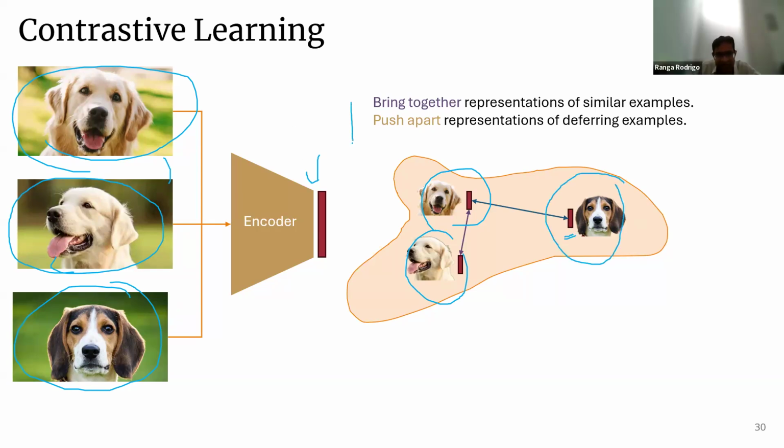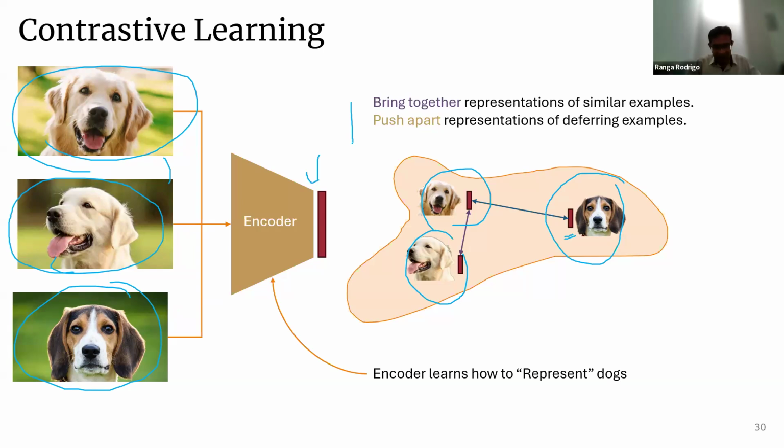So bring together the representations of similar examples, push apart the representations of differing examples. This is called contrastive learning. This also can provide a very powerful signal for us to do self-supervised learning. So what are the two techniques people use for self-supervised learning? Masking and contrastive learning.